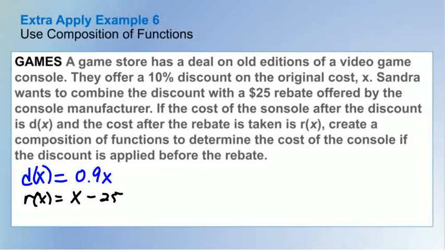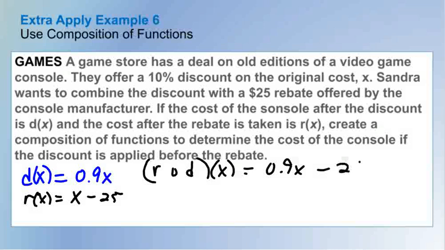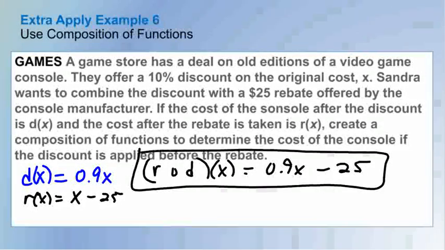So we need to create a composition of functions to determine the cost of the console if the discount is applied before the rebate. So you put in the cost before you do the rebate. So I'm actually going to do R of D of X, which would be 0.9x minus the 25. And this would be our composition.